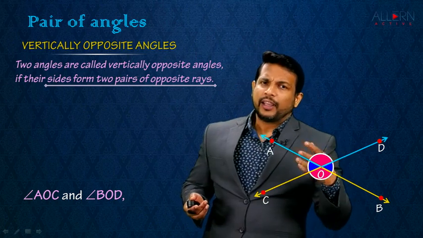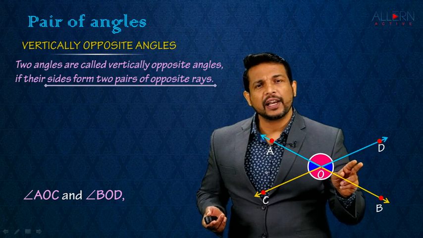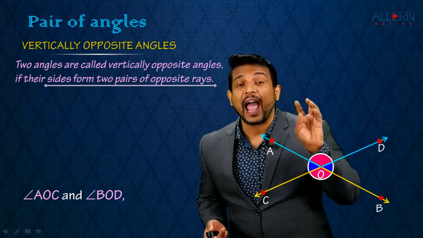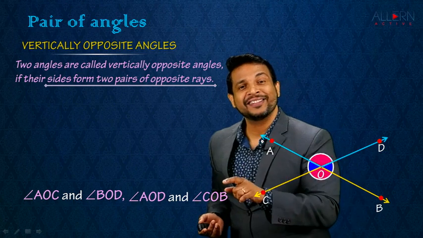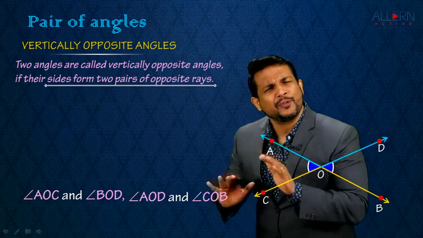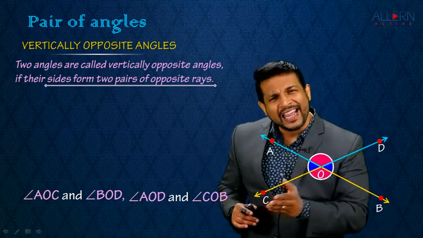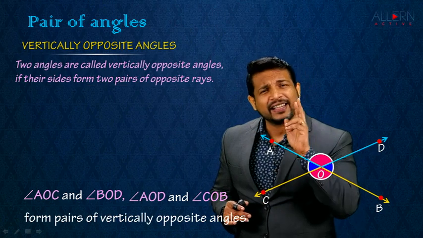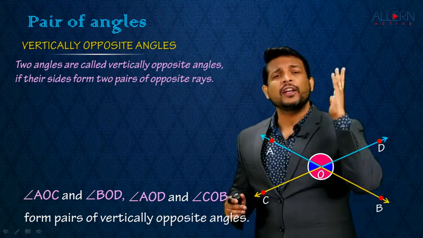But if you look carefully, the same pairs of opposite rays are the sides of angle AOD and angle BOC also. That is why that's the other pair. So what we need to understand is very simple. When two lines intersect each other at a point, we get two pairs of vertically opposite angles.